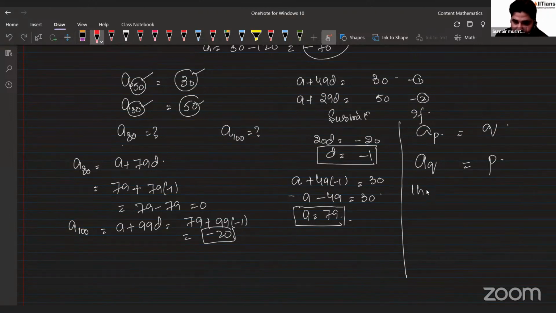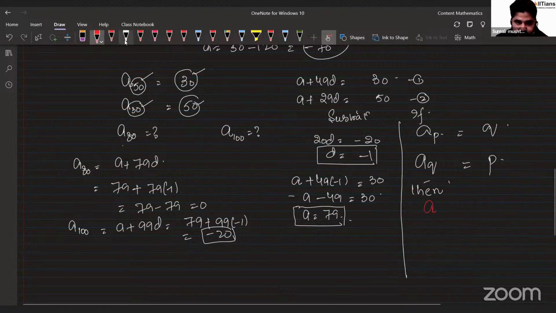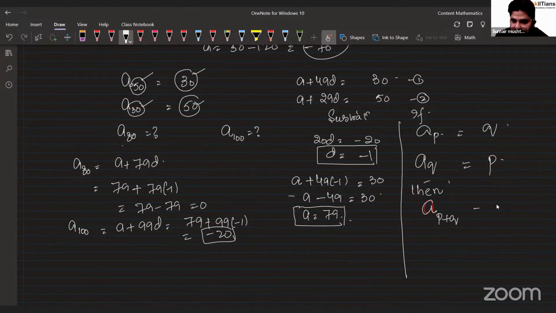Then a_(P plus Q) will always be equal to 0. Just check it. What's your P? 50. What's your Q? 30.